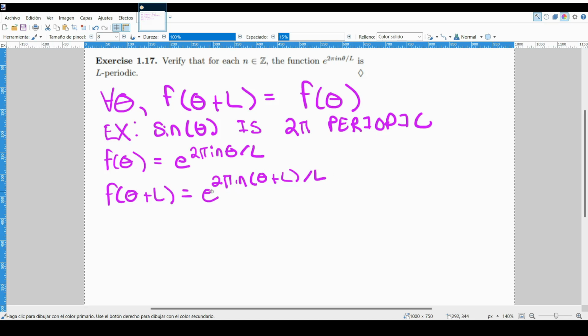So let's distribute this here. If we distribute the exponent across the theta plus L, we're going to have e to the power of 2 pi I n times theta, and we'll just put this in brackets, plus 2 pi I n times L, over L.